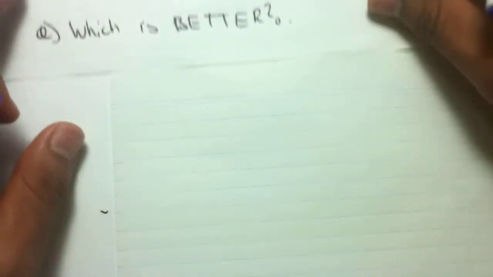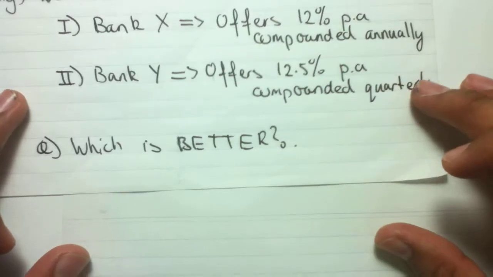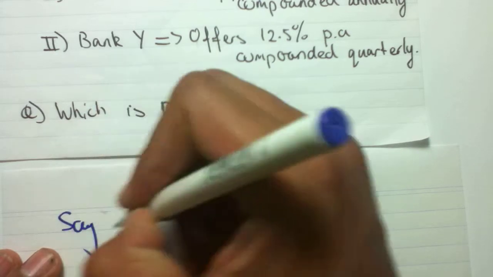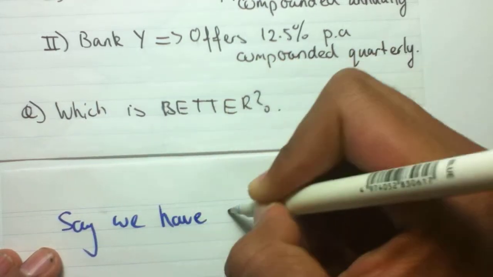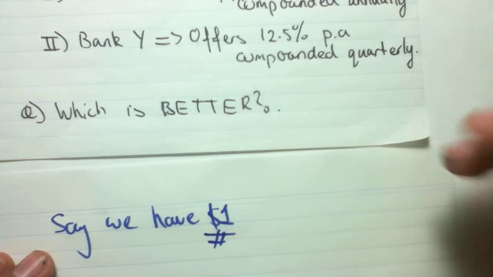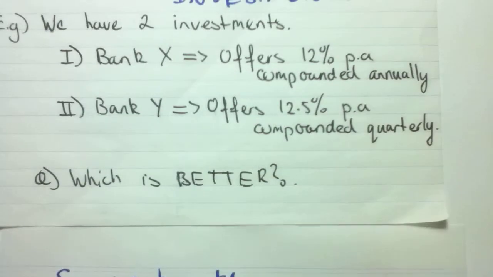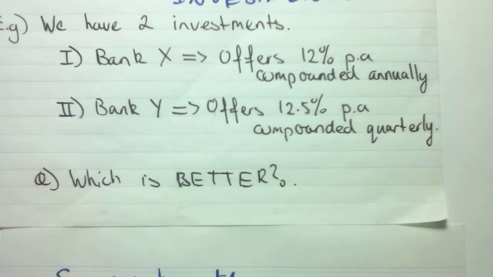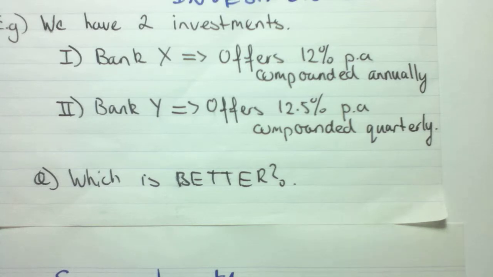So say we have $1 and I put this $1 in this account and this $1 in this account. It should make sense that I calculate the final value of this $1 in both accounts, I compare them, and then I can find out which one's better. And that's the simplest and most intuitive way to do this.